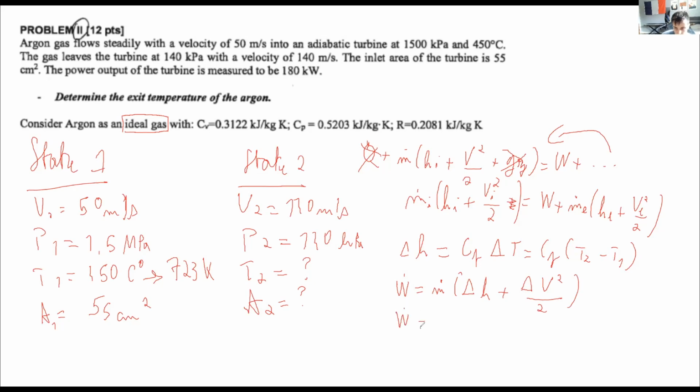That will be equal to Cp times (T2 minus T1), with T2 being the one that we're trying to find, plus (V2 squared minus V1 squared) divided by 2.